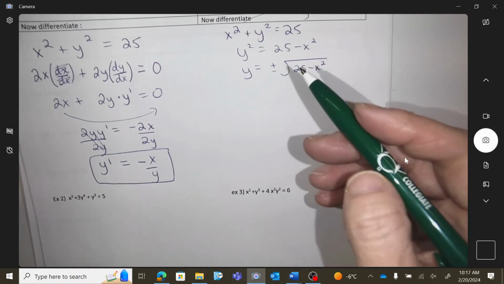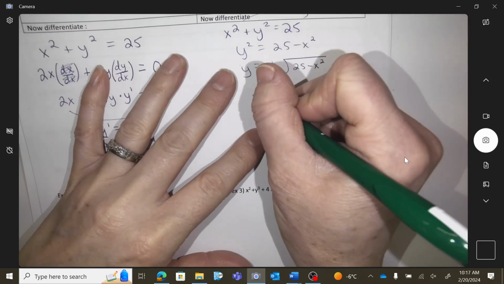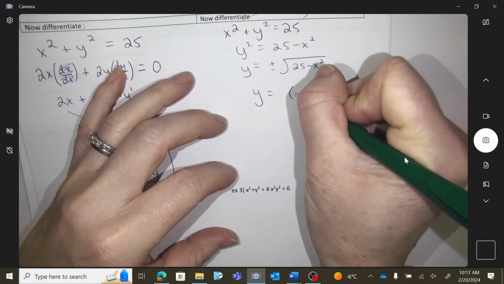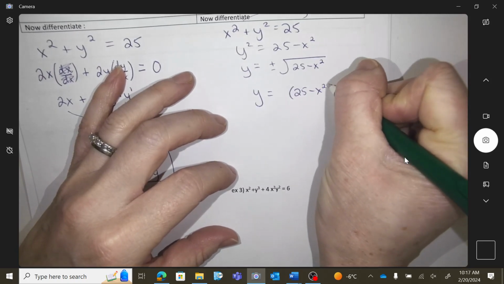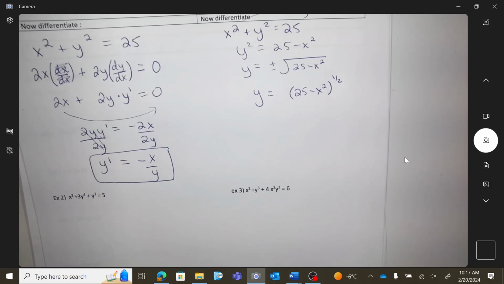Okay, ready? Let's rewrite this. I'm just going to actually take the positive right now. Let's rewrite the root as a 1/2 instead.